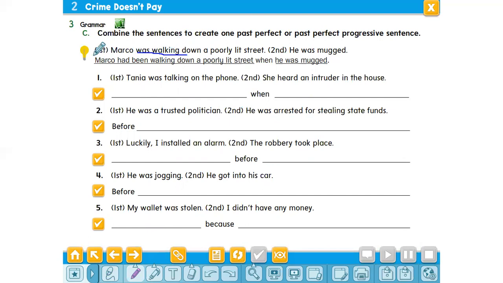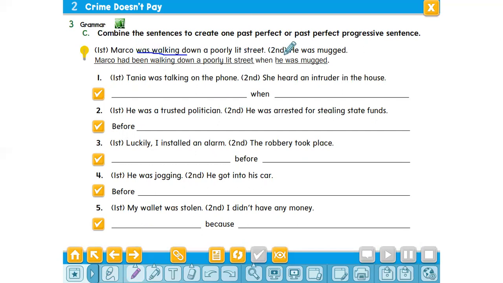Okay, and this is the first action. So we change it into past perfect progressive because the main verb is past progressive. What's the form of past perfect progressive? Had been walking. Had been walking.